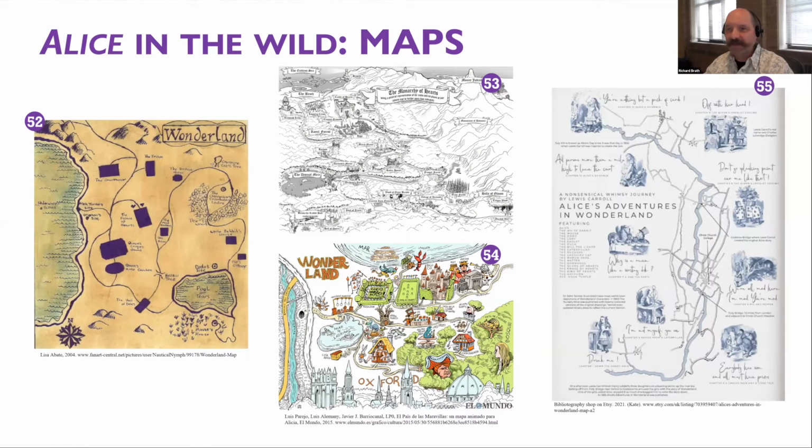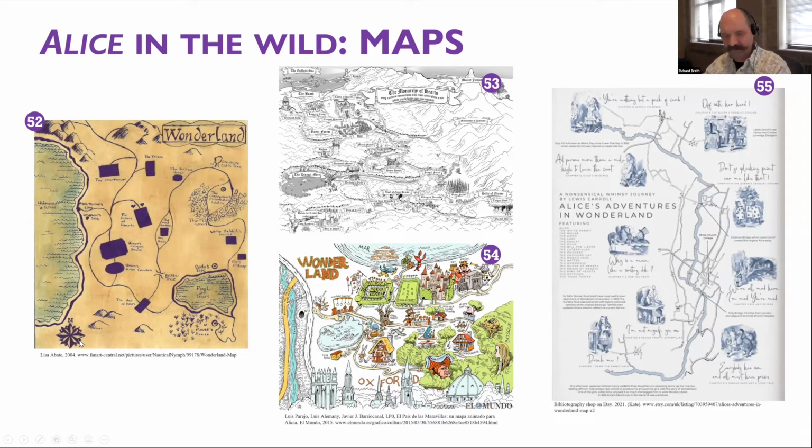And then finally, here are some maps from Alice in Wonderland. 52 and 53 are maps where people have tried to look at the narrative and stitch together the sequence of locations and places and create a map out of that.